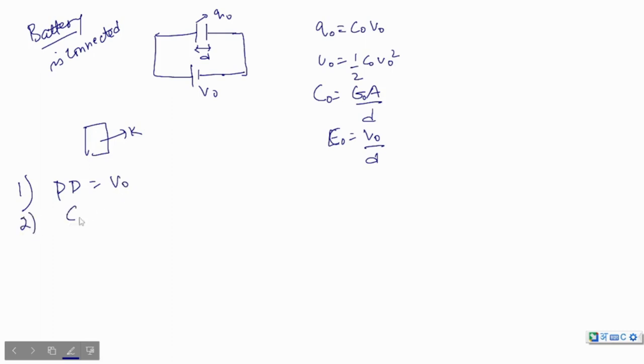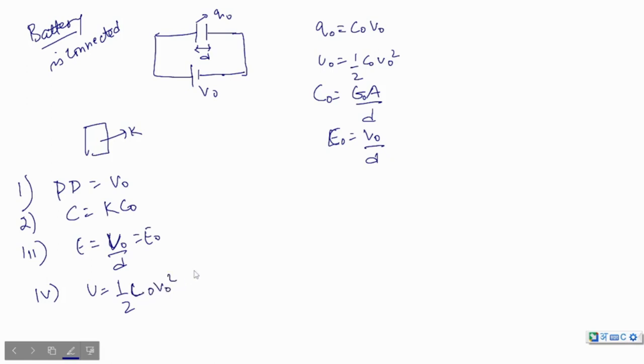Second, capacitance will be K C naught. Third, if potential is the same, then electric field will also be the same, E will be V by D, or you can say E naught. Fourth, energy will be 1 by 2 C V naught square.